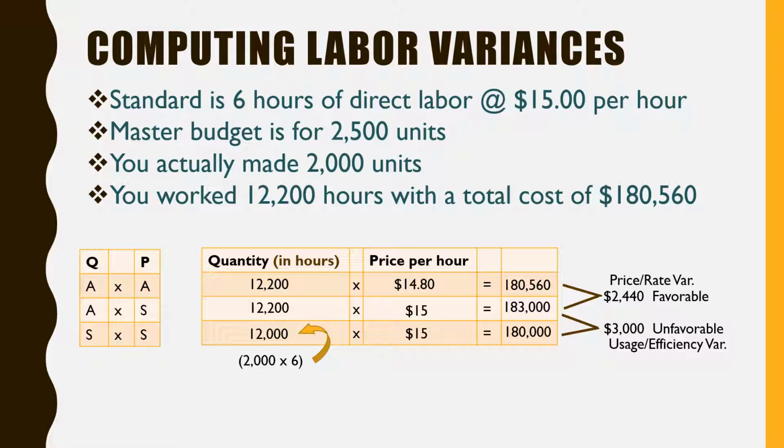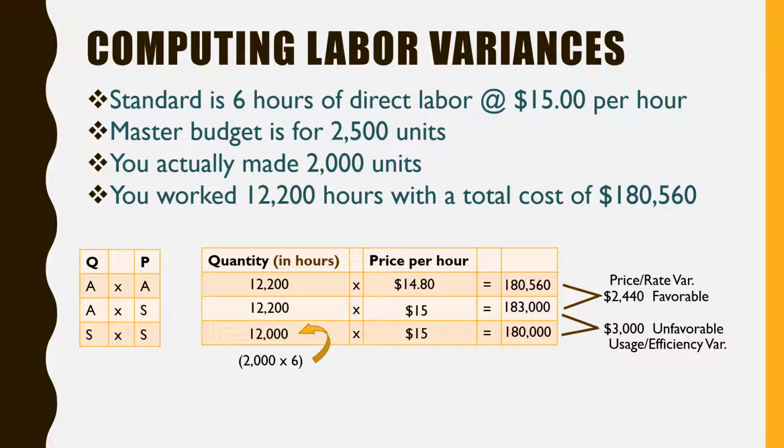So the easiest way to remember it, and hopefully you can think it through, but every now and then it's nice to just have a memory rule: if the top number's bigger, it's bad. So the 180 is less than the 183, so that's favorable. Whereas the 183, that's the top number, is bigger than the 180, so that's bad, so that's unfavorable.